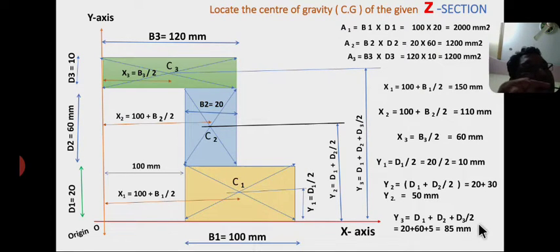So y3 equals 85 mm. Now I have written these values in tabular form.